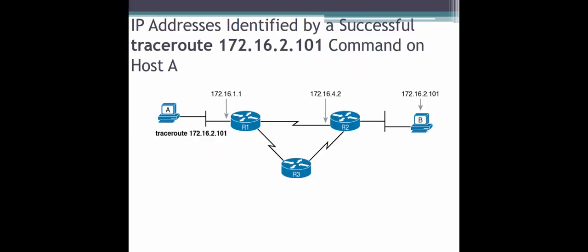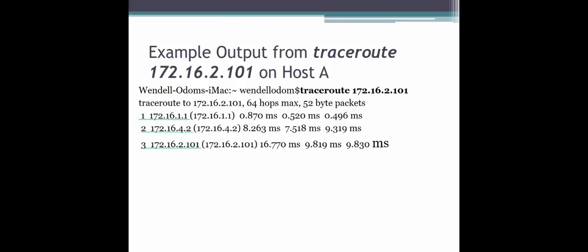Next, traceroute. How do we get from here to here? Well, in this diagram, we could go 1 step, 2 step, 3 step, or 1 step, 2 step, 3 step, 4 step. So traceroute allows us to see the route that our packets are taking.